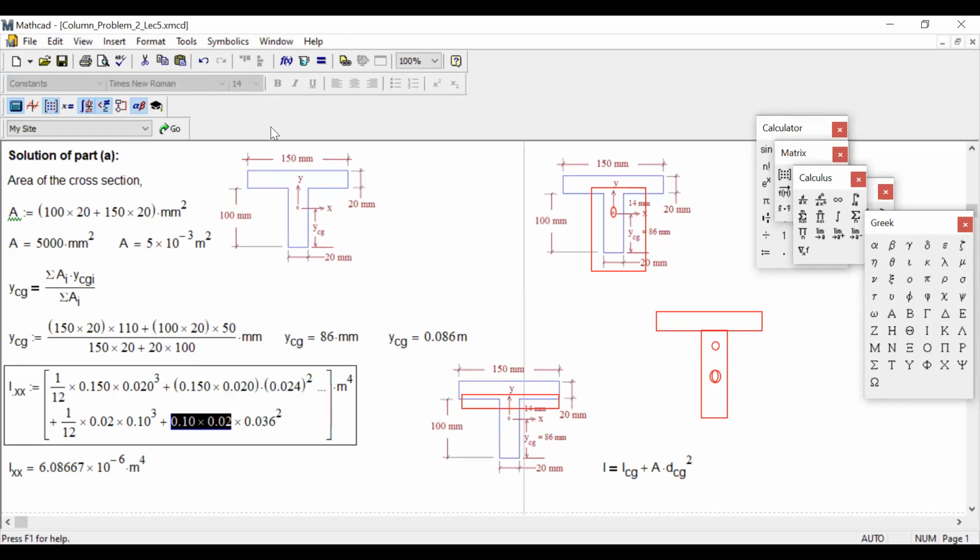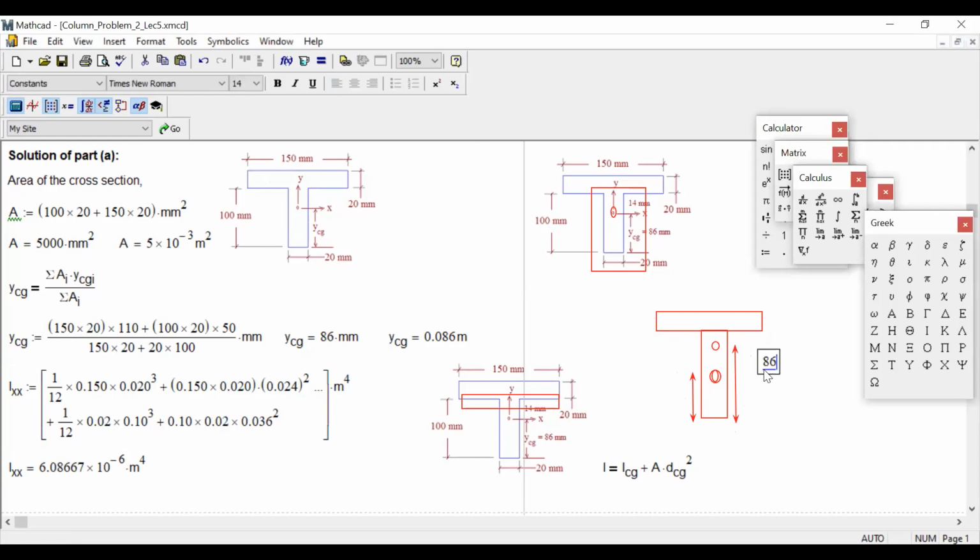You see the distance from here to here is 86. We already got it right up, 86. And what is the distance from here to here? Should be 50, right? Because half of 100. So from here to here is 86, only 86, that we already figured out with the formula.